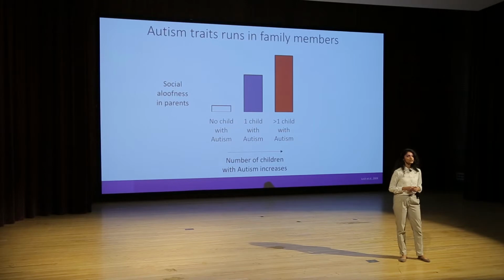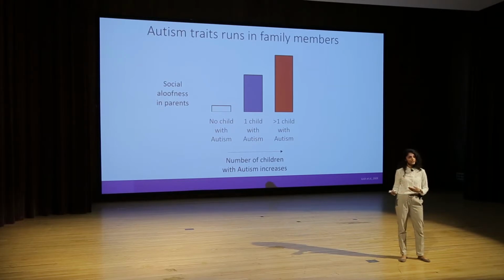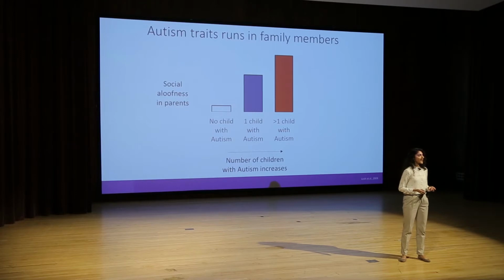What you see here is that parents with more than one child with autism, shown in red, have more socially aloof characteristics compared to parents of only one child with autism, shown in blue, or parents with no children with autism, shown in white. What this suggests is that having more than one child with autism might mean that parents may be carrying more genes that make autism happen, and that these genes may influence social interactions in themselves.